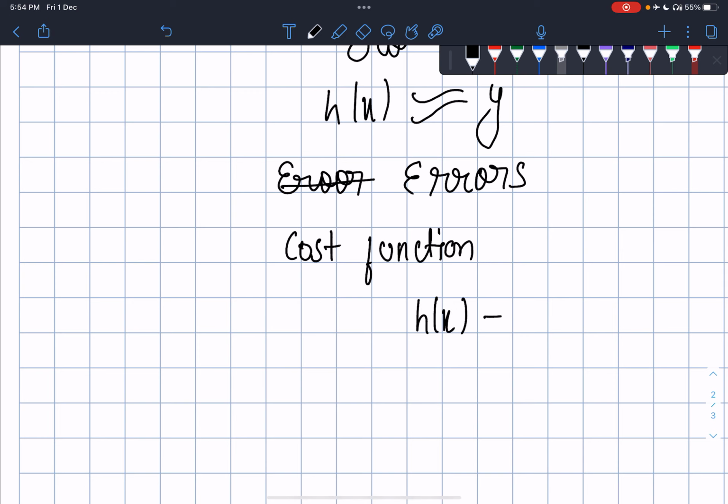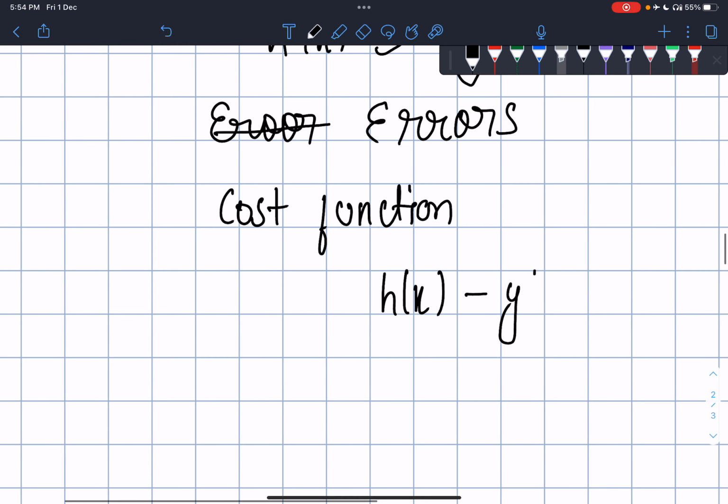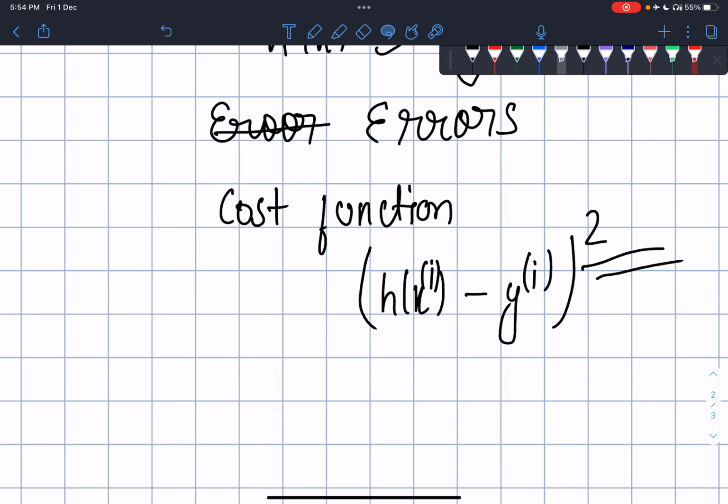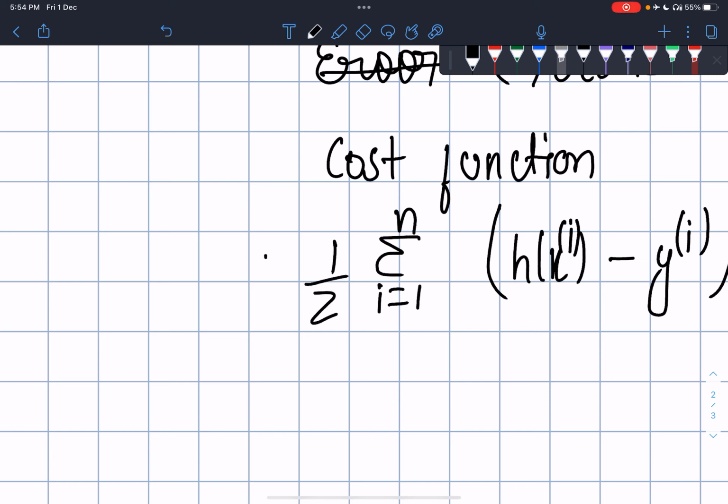For each and every point we subtract it, adding a superscript, and we square it, because if there is any negative value, we'll end up losing some of the data. Next we add these up from 1 to n, and we have a factor of 2, which is given, but we'll talk about it later. Hence we have got the error.